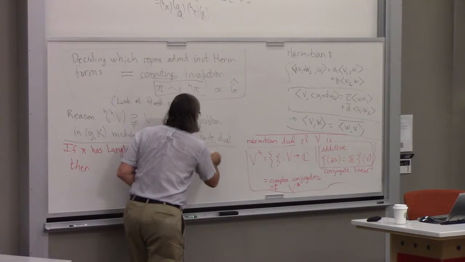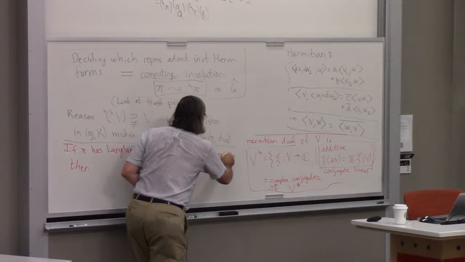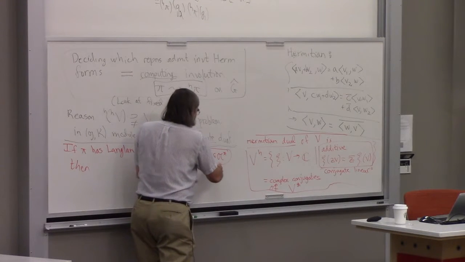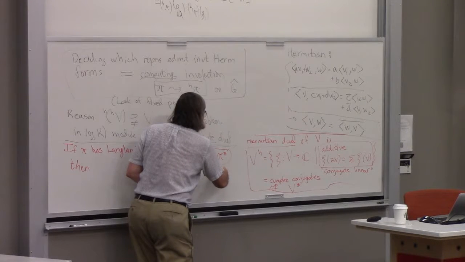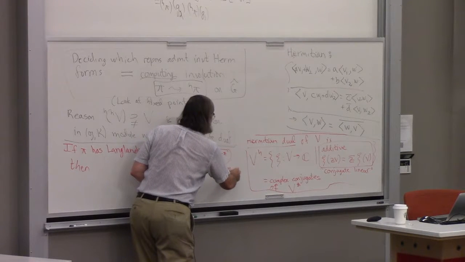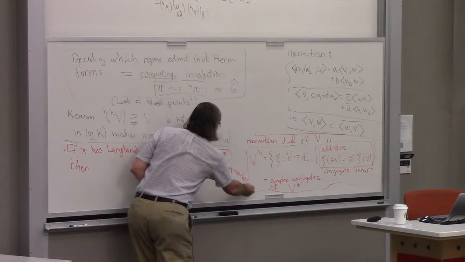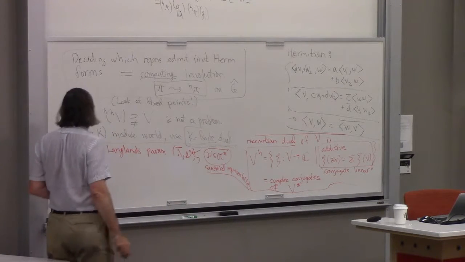So here I'm taking this nu to be in A star. This is the canonical representative, so I don't need a bar on the nu.